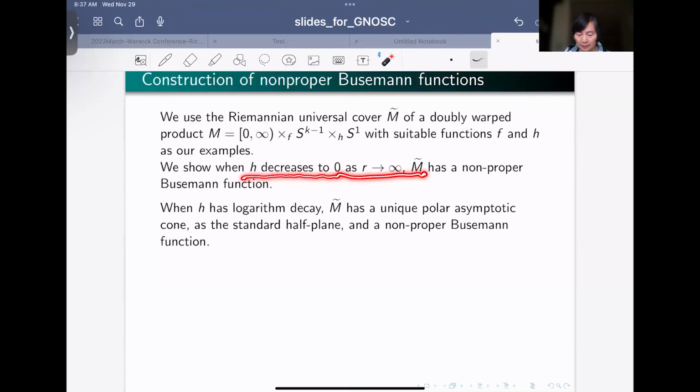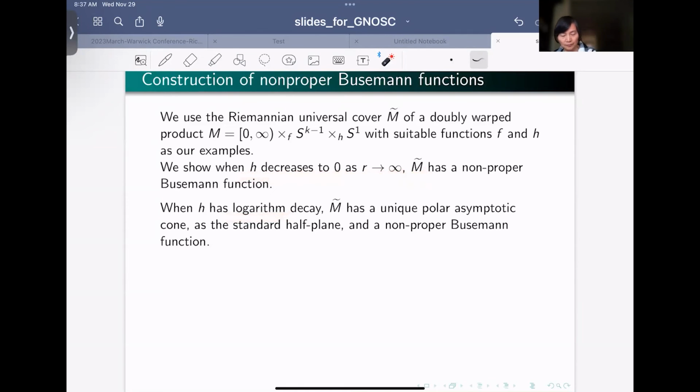And the other one, if H goes to 0 relatively slowly, namely logarithmic decay, then we can show that the asymptotic cone actually is a half line. But as long as H goes to 0, it's not proper. So therefore, the Busemann function is still not proper.